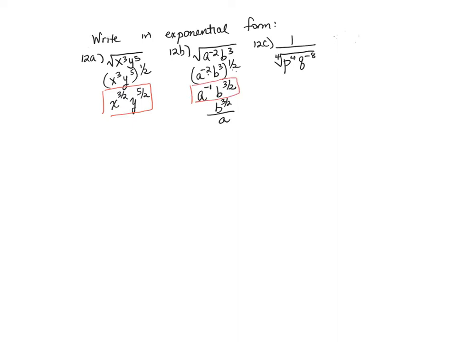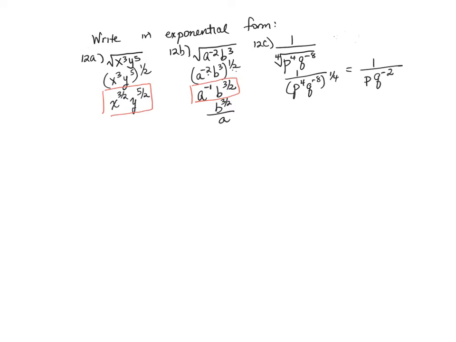And then finally, in the last one, this can be rewritten as 1 over p to the 4th q to the negative 8 to the 1/4, which is equal to 1 over p q to the negative 2.